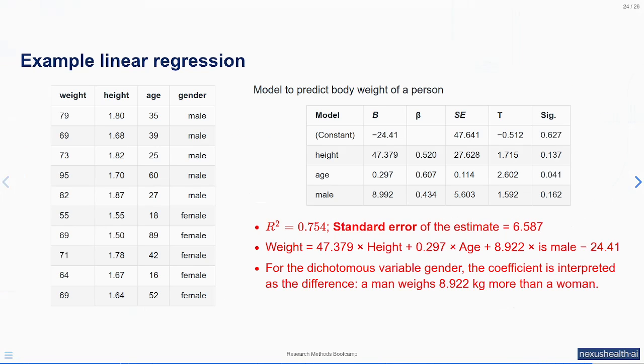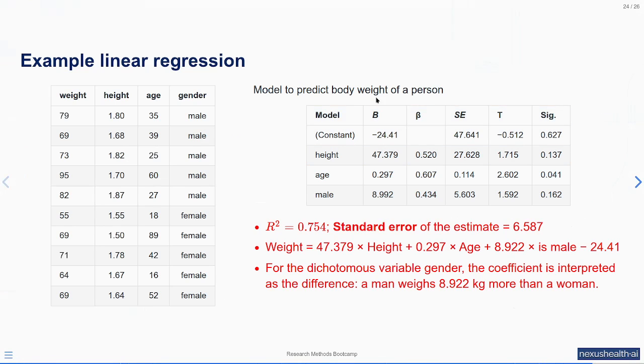So let us consider this example linear regression model. Given height, age and gender, a model is developed to try to predict body weight of a person. And so the linear regression model comes out giving us this result. So we have a model that has male, age, height, and then we have the coefficients, and then this is the standardized coefficient.